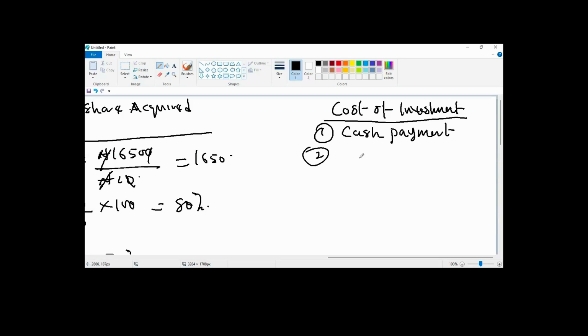Two, I don't have money, but let me issue my shares to you, share consideration.